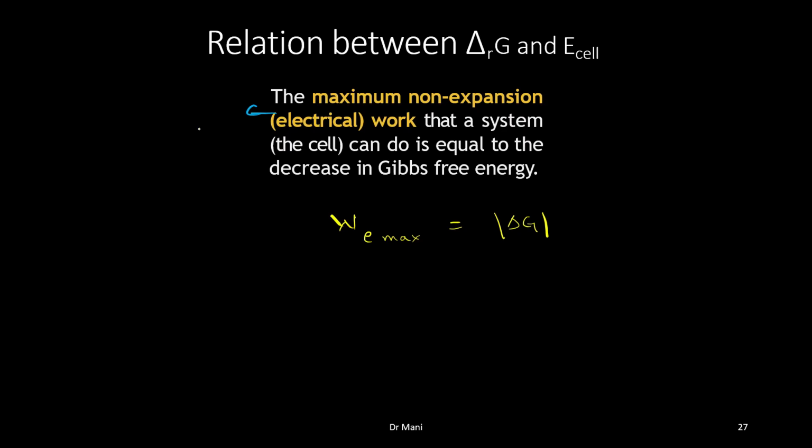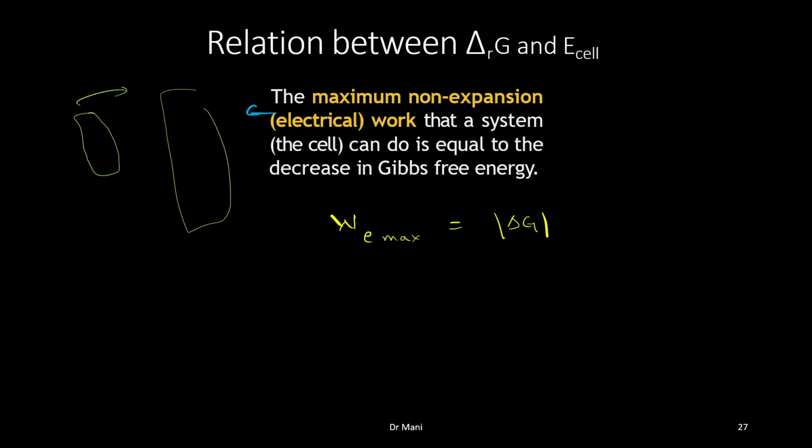One cell can supply this much power, another can supply that much, and their volumes do not change. We call that maximum non-expansion work. Maximum means the maximum amount of electric work a cell can do, and non-expansion means the cell does not change in volume.